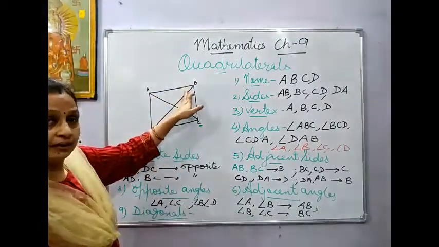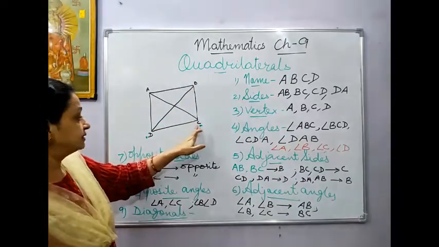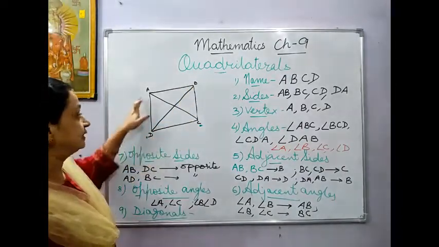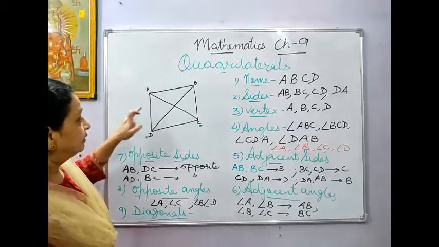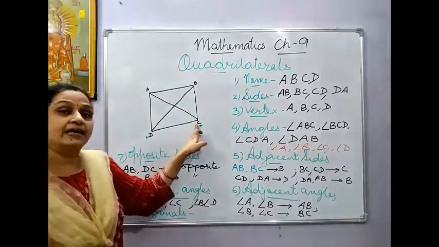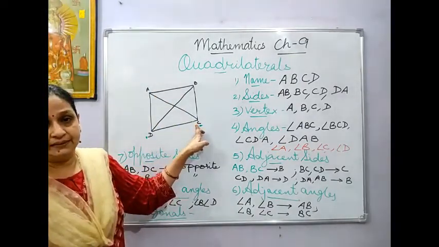A and B are adjacent, B and C are adjacent, C and D are adjacent angles, D and A are adjacent. But A and C are opposite angles.